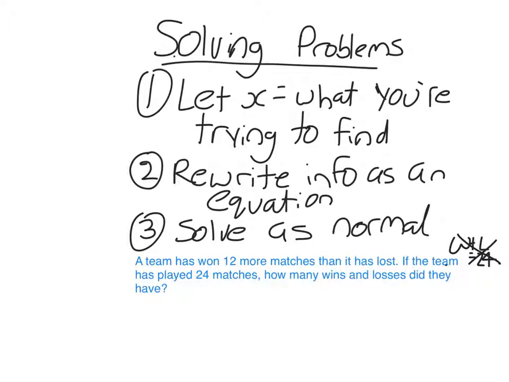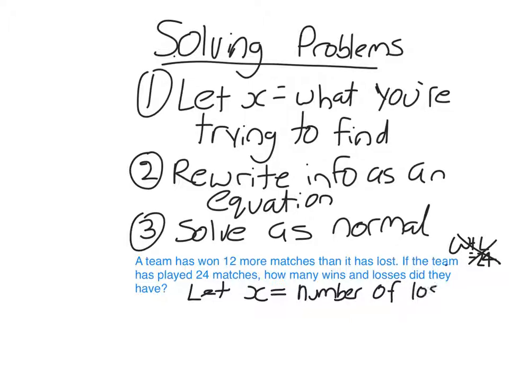So what I said before is when there's more than one quantity, here there's two quantities, number of wins, number of losses, let X or whatever letter you want, be the smaller quantity. So here, I am talking about a team that won more matches than it lost. So I'll let X equal the number of losses, okay?